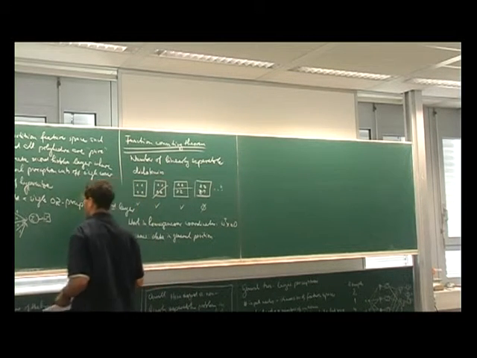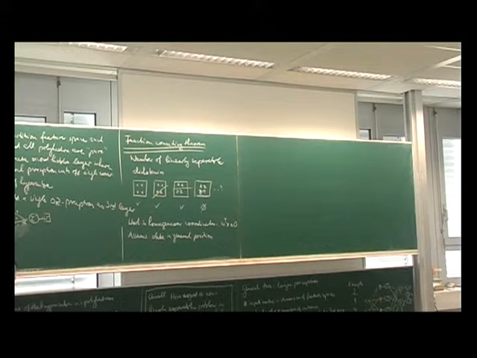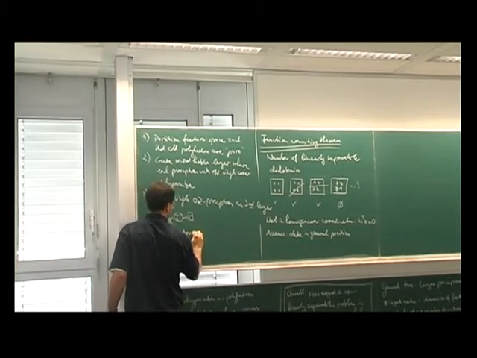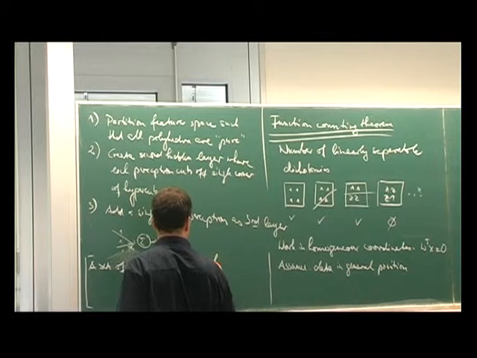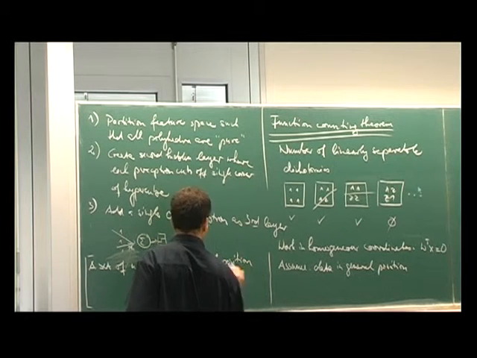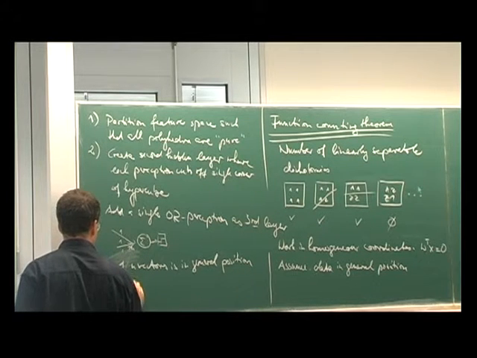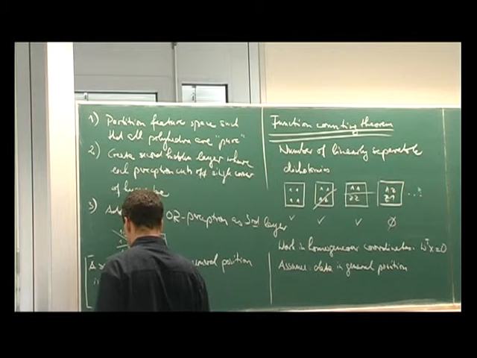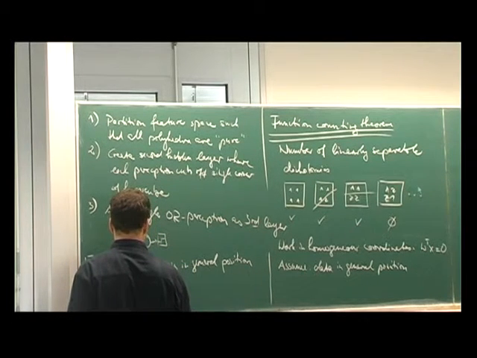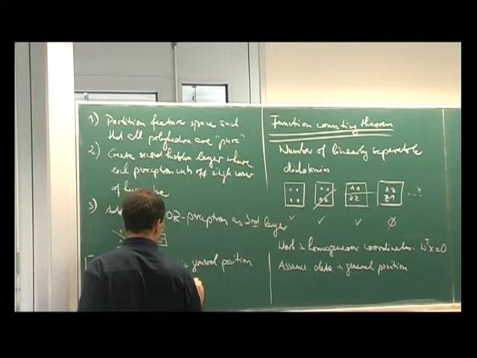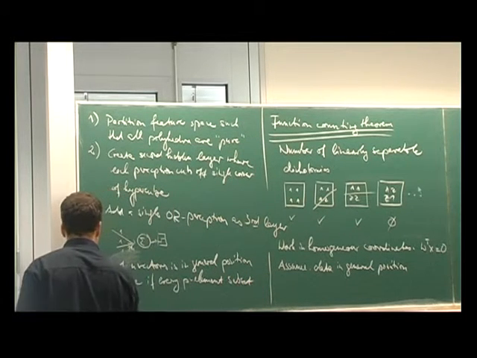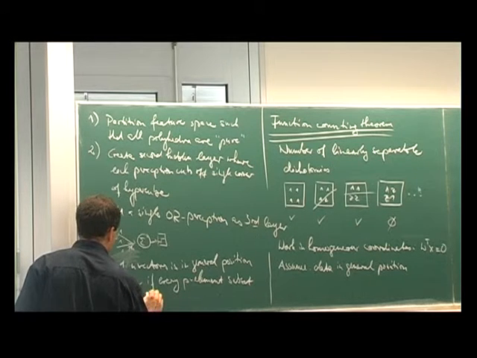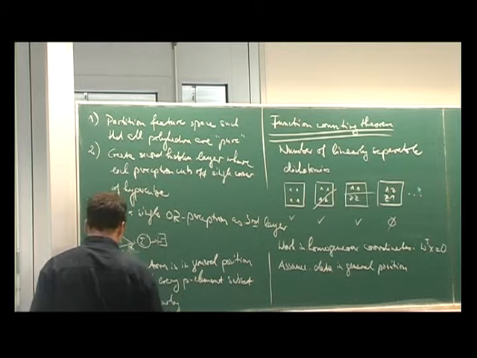So as an aside, we say that a set of n vectors is in general position in p-dimensional Euclidean space if every p-element subset of our data is linearly independent.